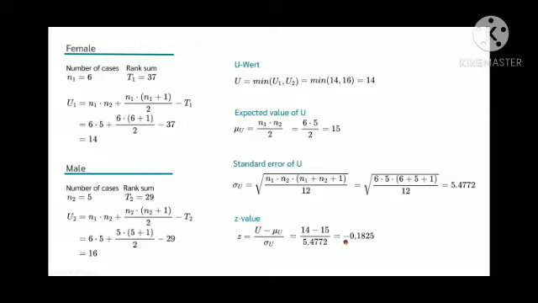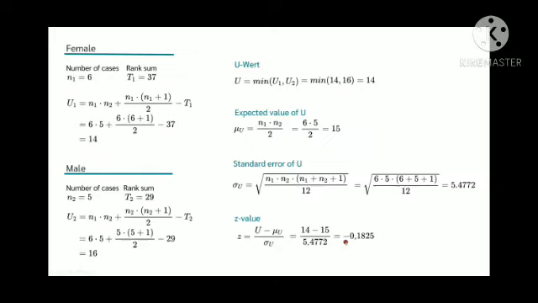And now we will calculate the standard error of U. The square root of N1 times N2 times N1 plus N2 plus 1 divided by 12, or the square root of 6 times 5 times 6 plus 5 plus 1 divided by 12. It equals 5.4772.